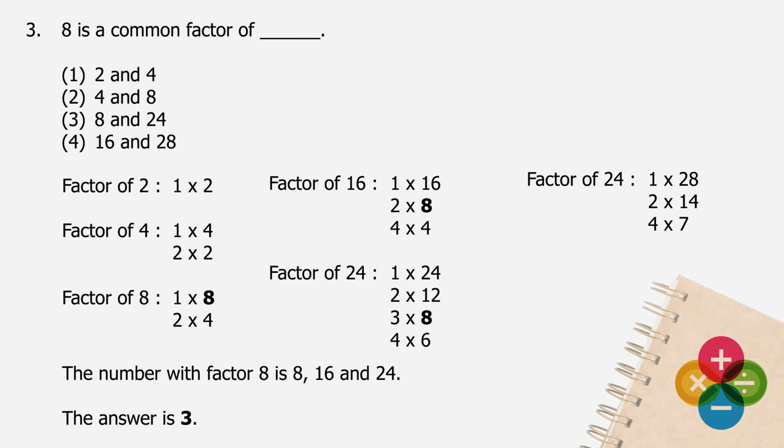The factors of 16 will be 1, 2, 4, 8, and 16. The factors of 24 will be 1, 2, 3, 4, 6, 8, 12, and 24. The factors of 28 will be 1, 2, 4, 7, 14, and 28. The numbers with factor 8 will be 8, 16, and 24. The answer is 3.